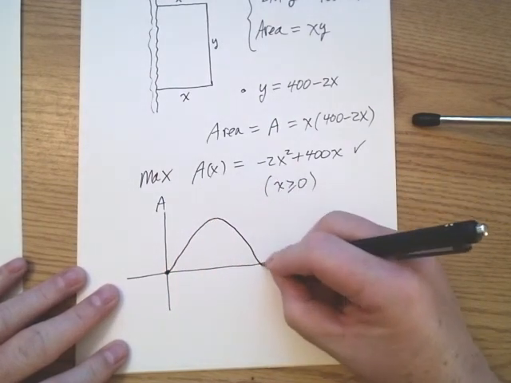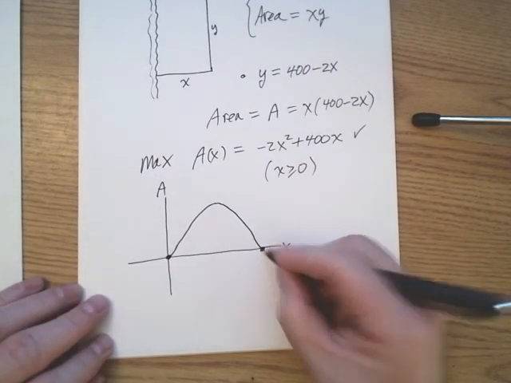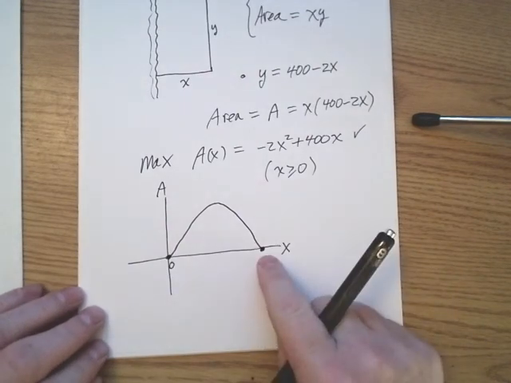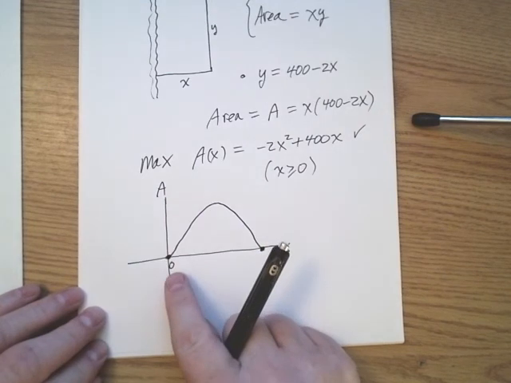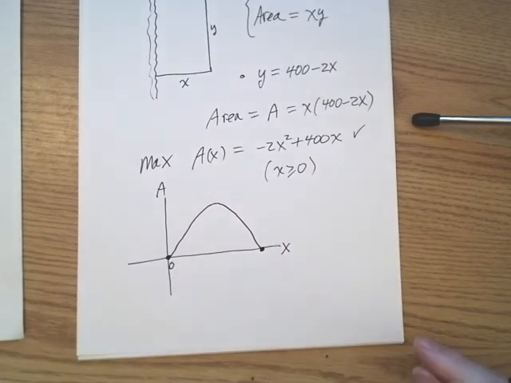You guys see, it's going to have another intercept besides 0, and we will have a vertex, a high point somewhere between 0 and whatever this other x-intercept is. Alrighty?